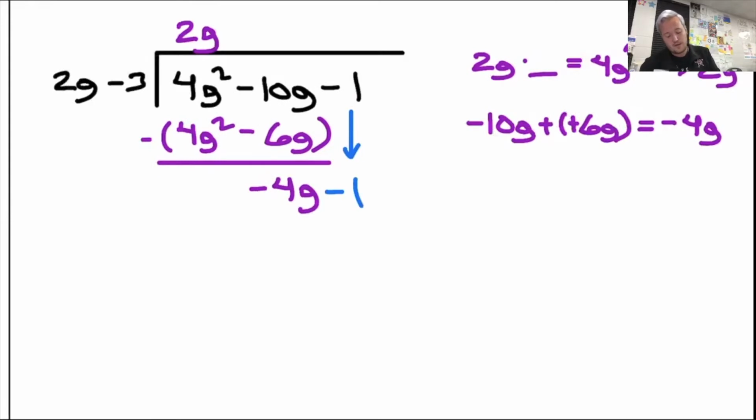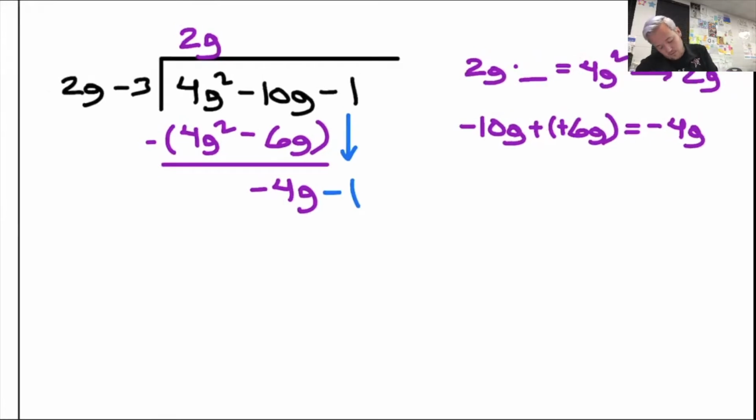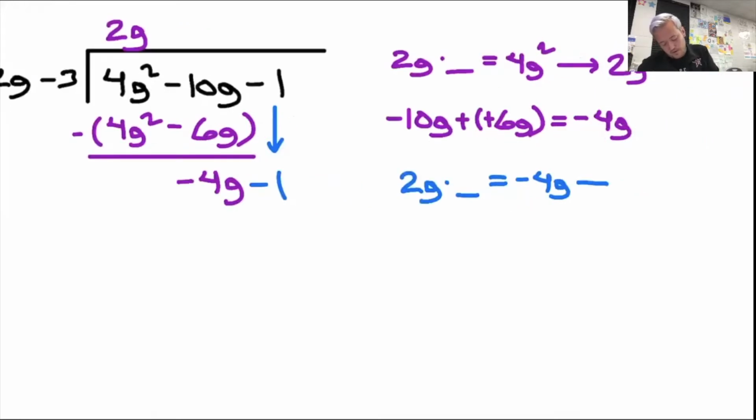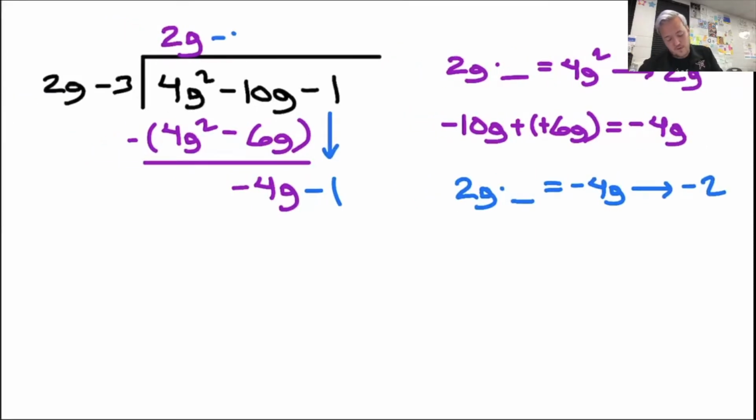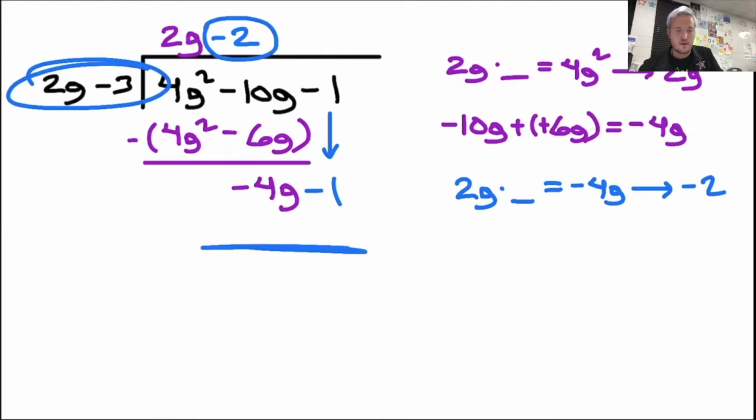So I'm going to do the same idea. So 2g times what value gives you negative 4g? So the g is already there, so you just have to multiply by a negative 2. So in this case, I'm going to write negative 2 at the very top. And I'm going to do negative 2 times 2g minus 3 and write it underneath right here.